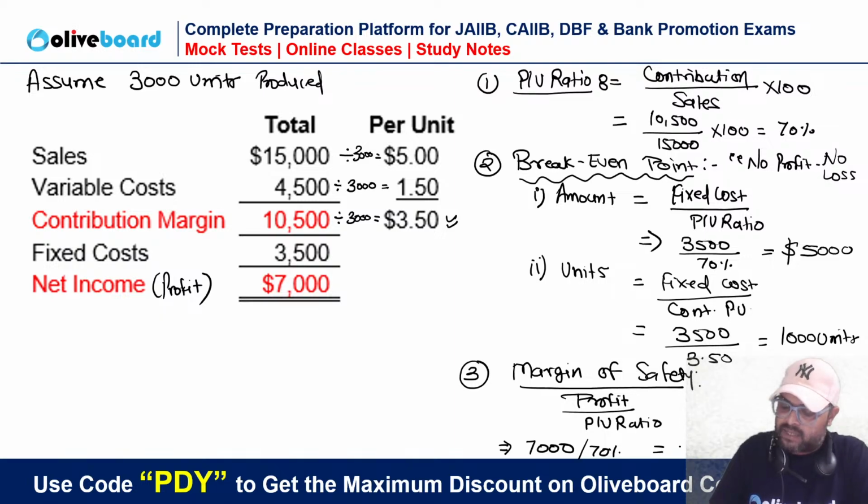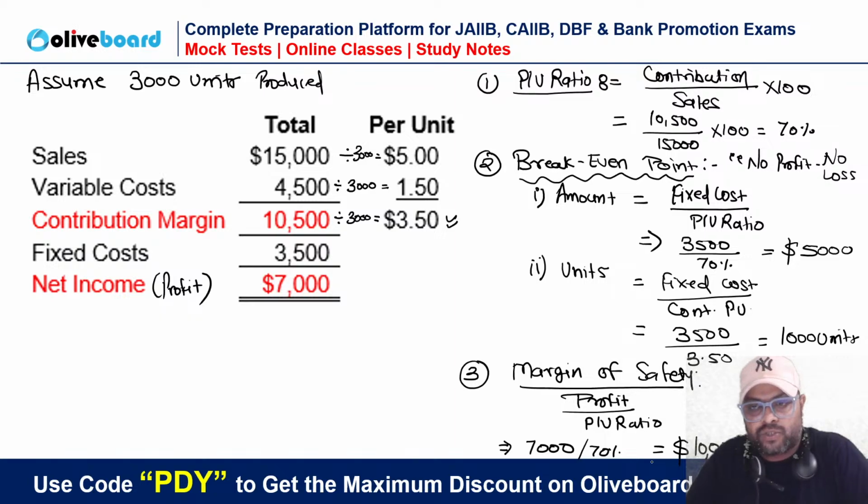That makes our margin of safety $10,000. So $10,000 will be your margin of safety. This is how these three calculations they can ask from you in the exam, from this very small income statement. Please tell me in case you have any doubt, any query, anything in this.